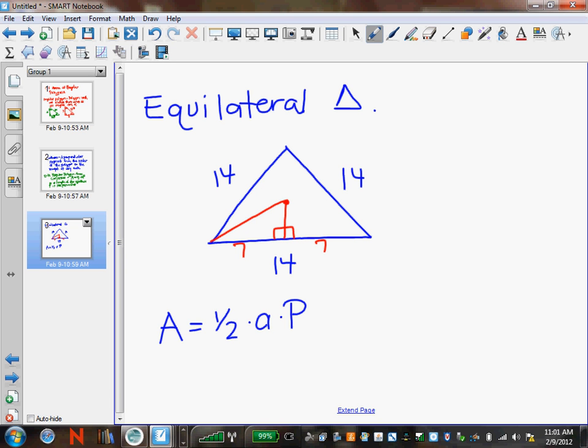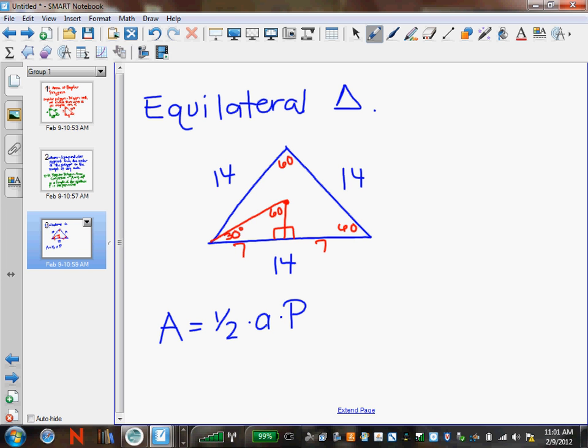And because all of my angles are 60 degrees in a regular triangle or polygon, that means this angle down here is going to be 30 degrees. This angle up here will be 60 degrees. So I have a 30, 60, 90 triangle.